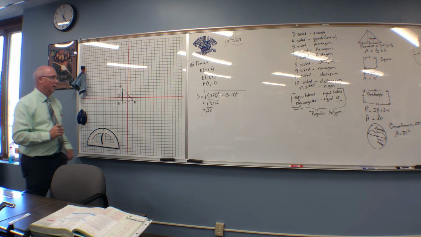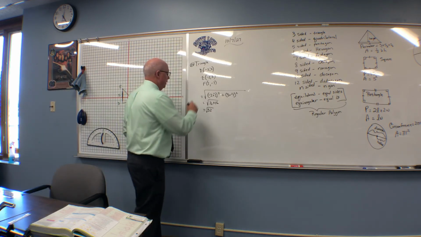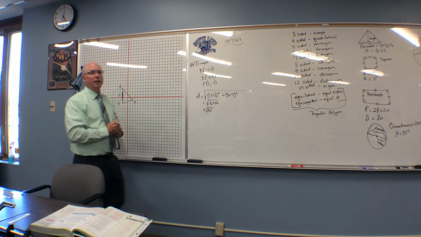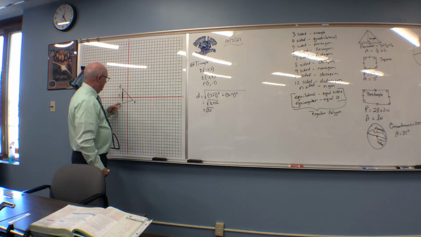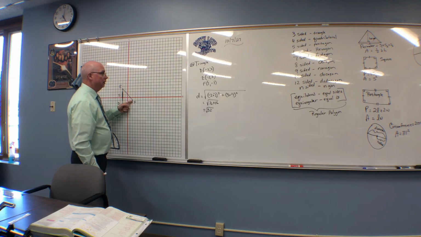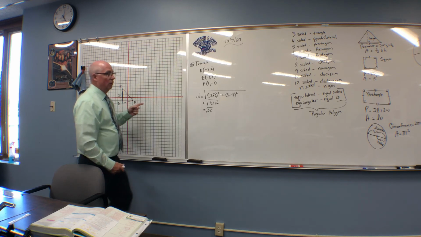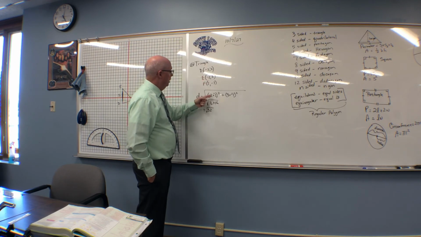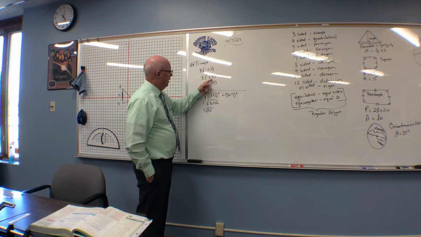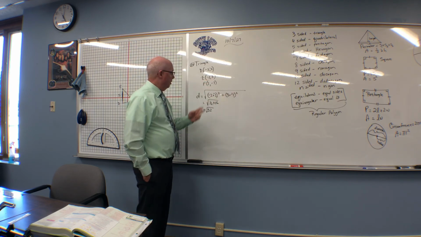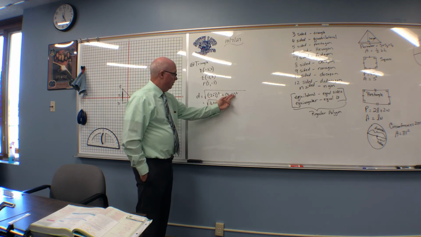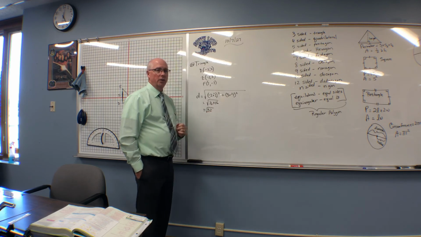I meant D to be distance, not the letter D. So I used the distance from E to F. I took -2 minus 2 and squared it, 3 minus -1 and squared it, the distance formula. And so this is -4 squared, which is a positive 16, and 4 squared, which is positive 16, which is the square root of 32.